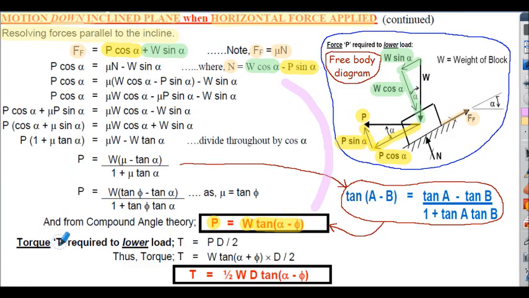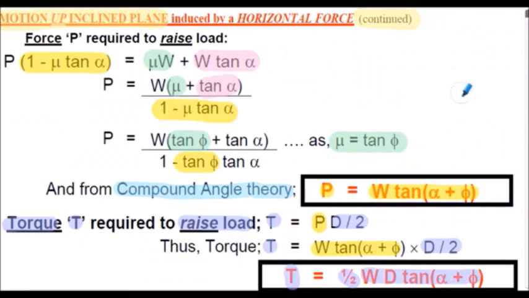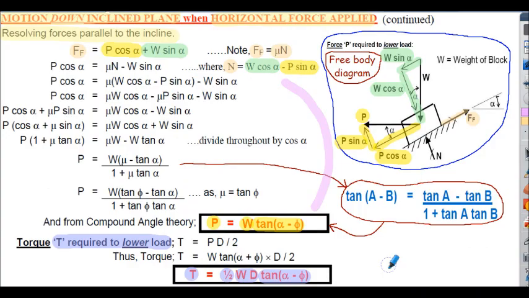And if we want to determine the torque required to lower the load, in this case, torque T is equal to a half multiplied by W d multiplied by tan alpha minus phi. We can compare these to the motion up the inclined plane, which showed the formula having alpha plus phi in the bracket. I would encourage you to stop the presentation and review the solution at your own pace.